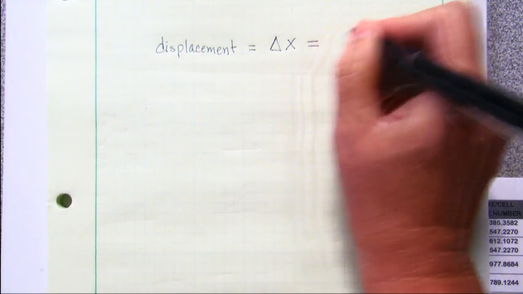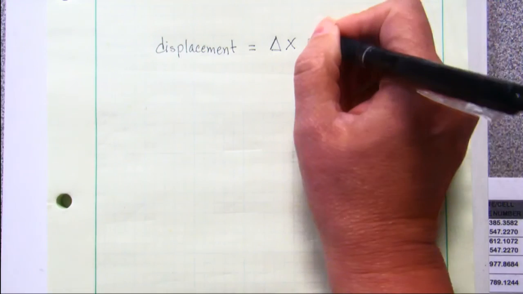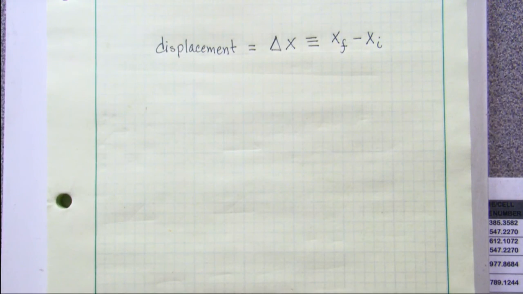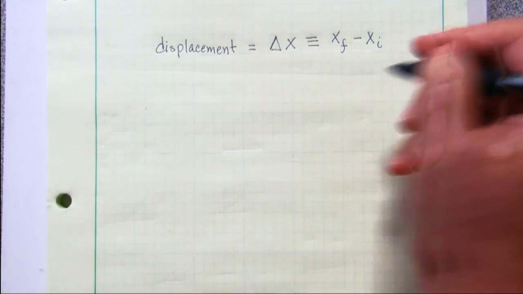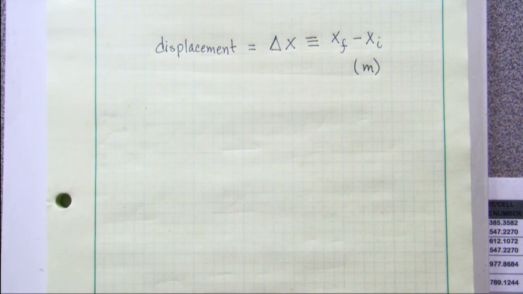And that is x final minus x initial, and we actually define it that way. I think that's where we got at the end of the day on Wednesday. My units for this are going to be meters, or feet, or centimeters. It's some unit of length. But since we're using SI units, we're going to use meters.